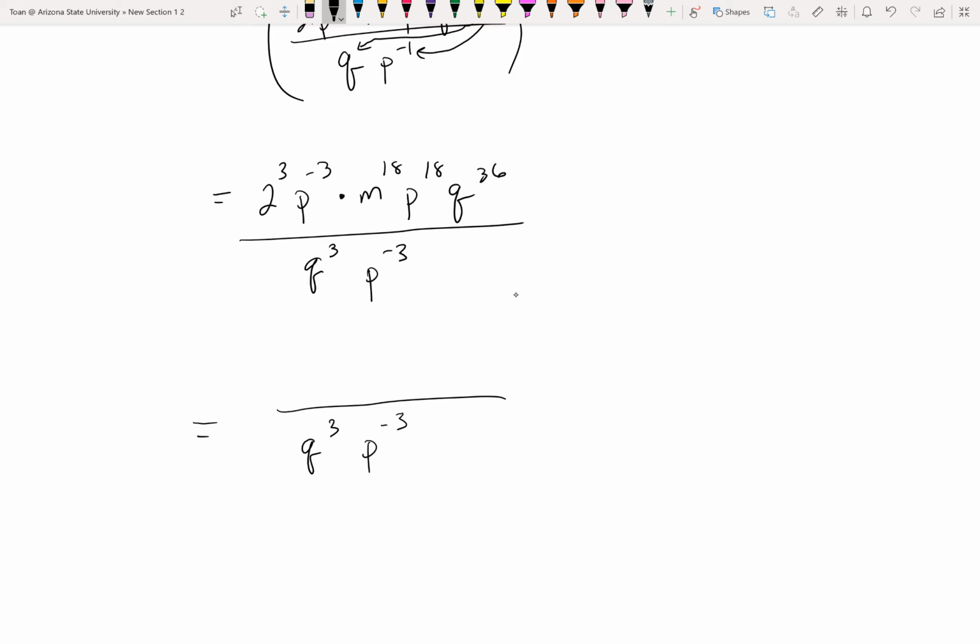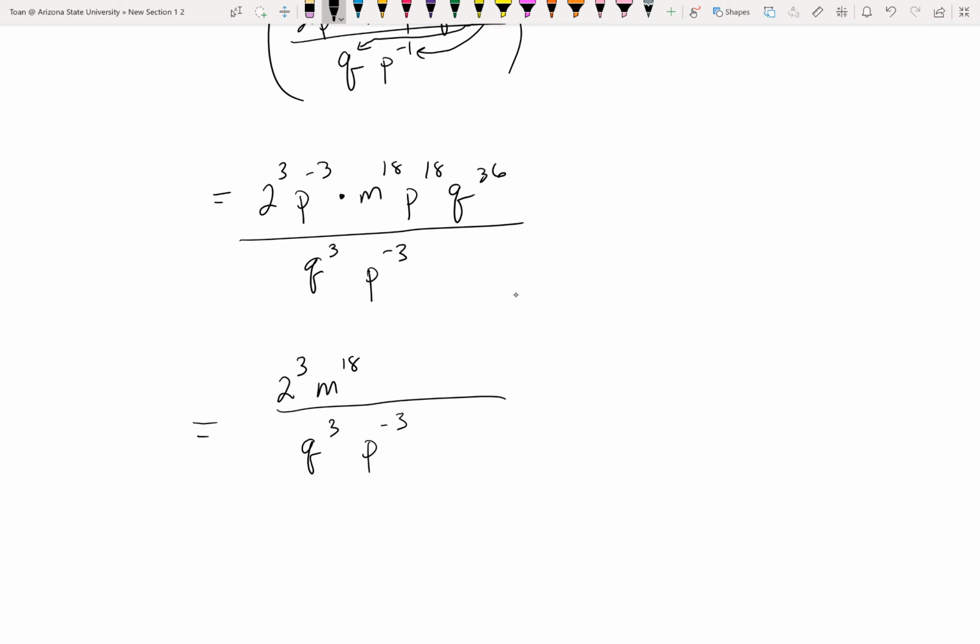So in the numerator, remember, these properties only are valid if they have the same letters, so do not mix the letters. First things first, this 2 is by himself. He doesn't have any of the buddies, so he just stays put, 2 cubed. And let's go alphabetical order. Let's do m's next. Well, see, this m is by himself. He doesn't have a buddy, so just copy him down.